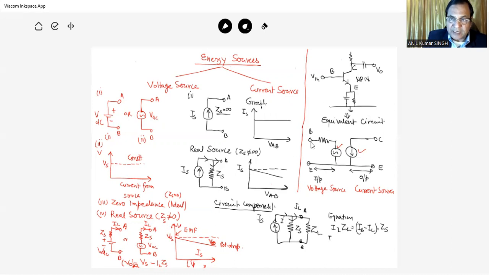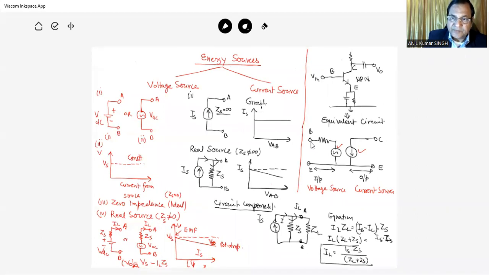Taking IL common, IL (ZL plus ZS) is equal to IS into ZS. So IL is equal to IS ZS divided by (ZL plus ZS).